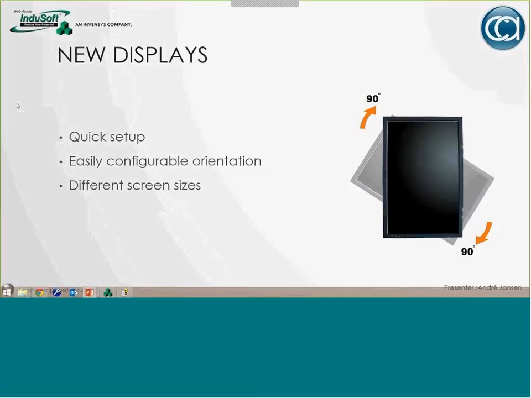And once the screen is completed, to get the screen installed, it's literally a 120 to 230 volt AC power source and an Ethernet point connecting the screen onto the customer's network.